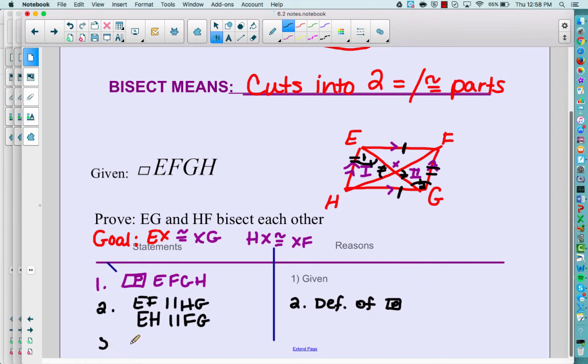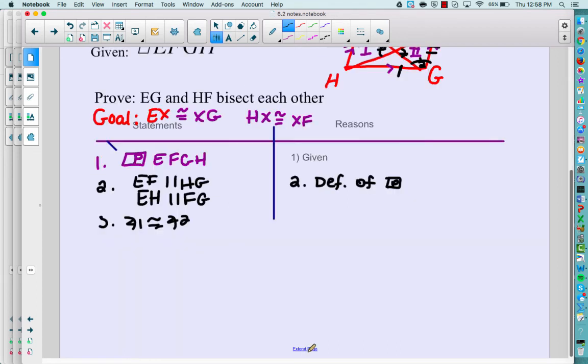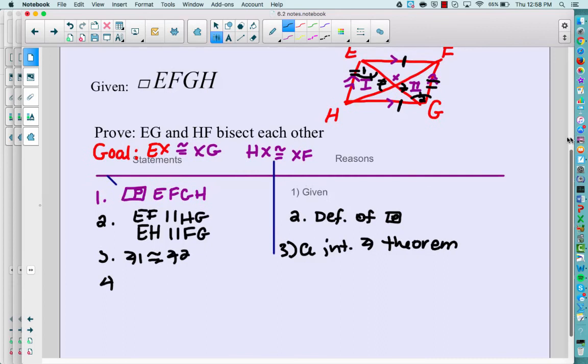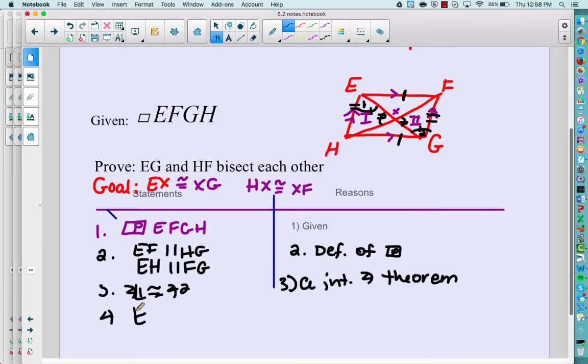That gave me that angle 1 was congruent to angle 2 because of the alternate interior angle theorem. Okay? I also could say, using my diagram just a little bit more, that EH is congruent to FG because opposite sides of a parallelogram are congruent.